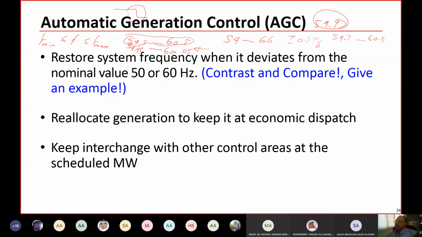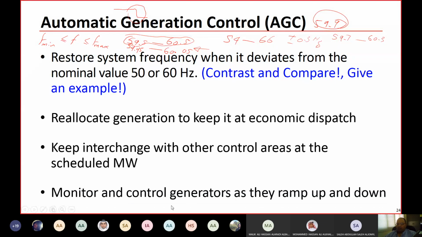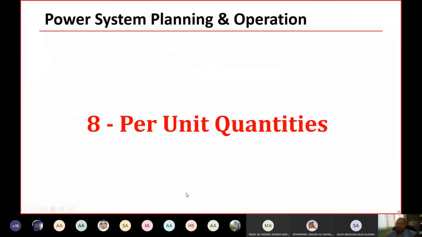So we need to keep the power on the tie lines between utilities, areas or countries at the scheduled megawatt. This is also one of the responsibilities of automatic generation control. And of course, we have ramp up and ramp down, so we need to increase and decrease the generation according to the load. Any question?